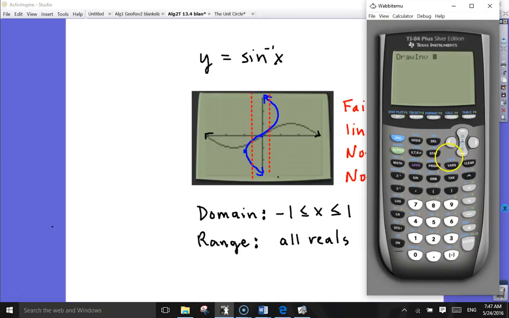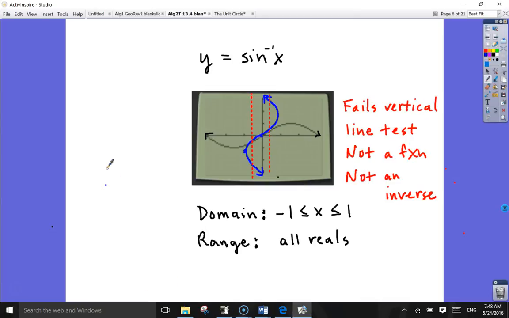So the way to do that is you go to VARS, Y-VARS, and 1 for function, and then you can pick 1 to say now we're drawing the inverse of y1. Notice on the screen it actually takes the sine and draws the inverse. So I'm not sure how that would help us for much of anything, but it is something the calculator does.